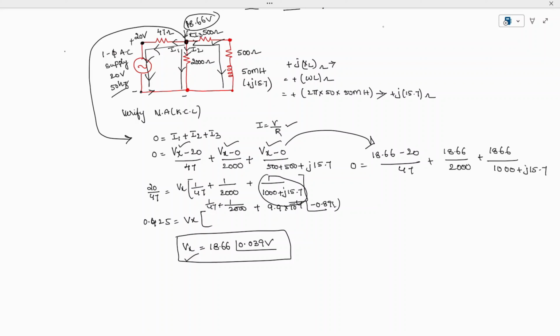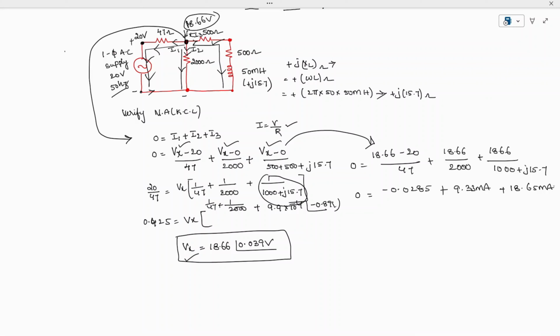15.7. Okay, so when you do it and convert it into the required milliamperes, therefore 0 is equal to, you are going to get here as minus 0.0285 plus here you are going to get 9.33 milliamperes, and here you are going to get 18.65 milliampere.